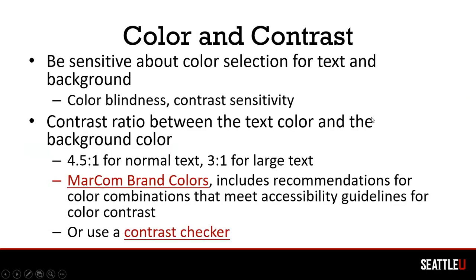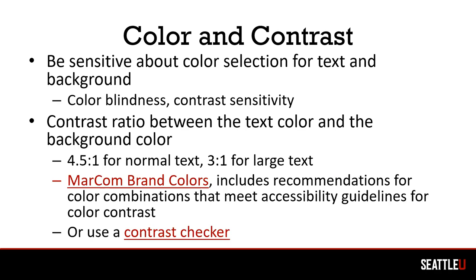Then I wanted to briefly talk about color and contrast. So think about this in terms of creating your own graphics to share on social media or post to your website, or adding captions or text to your video. If you're adding background color and text color, you really want to be sensitive about your color selection for the text and the background.